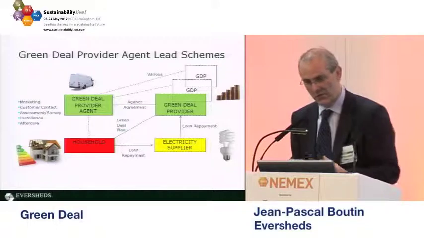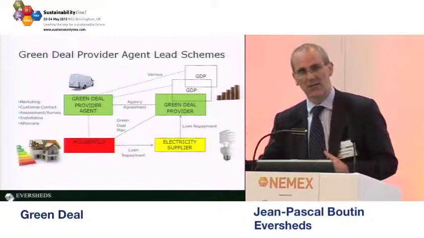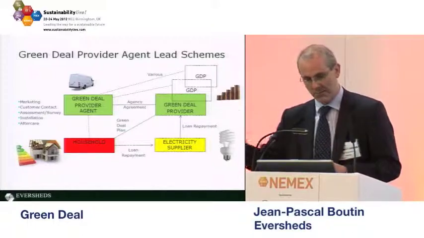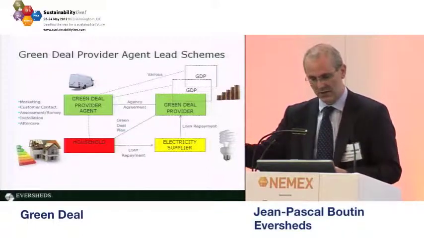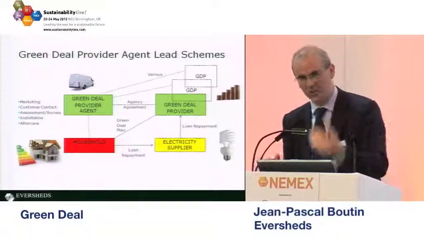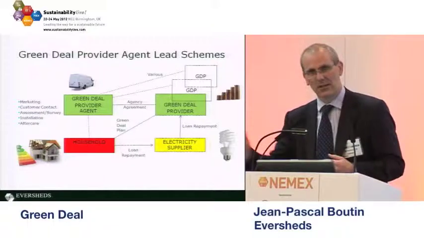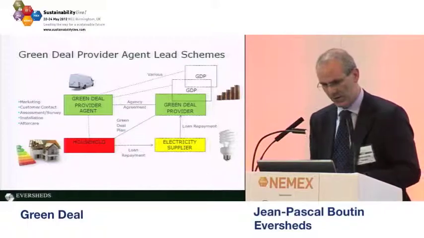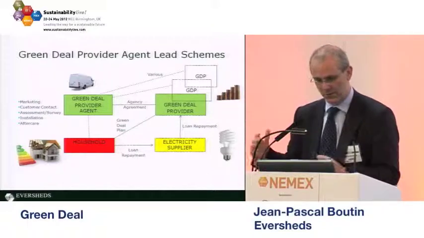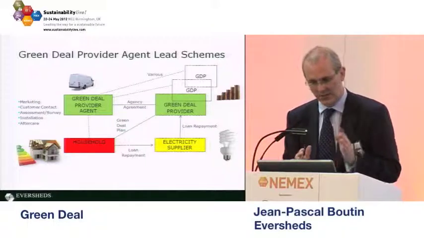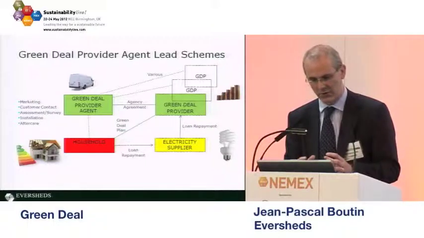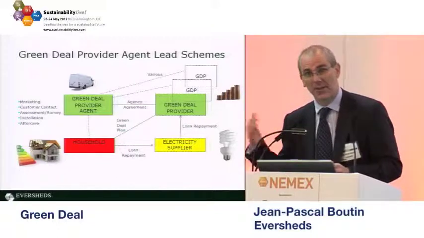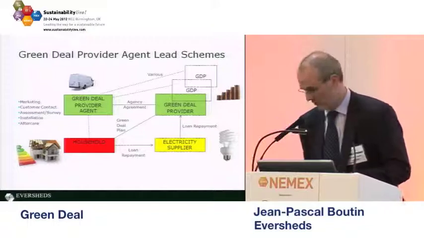Obviously, an issue for the Green Deal provider is they're relying on a company that's essentially acting as their agent, and there's potentially a branding issue and essentially a quality issue in that respect. But the advantage of this model is essentially the Green Deal provider agent, as I've called them, can condense as many of the steps as possible, and they have the existing client relationship.